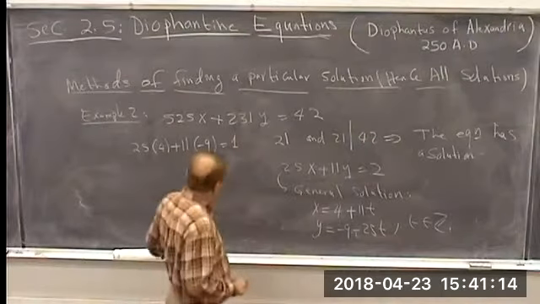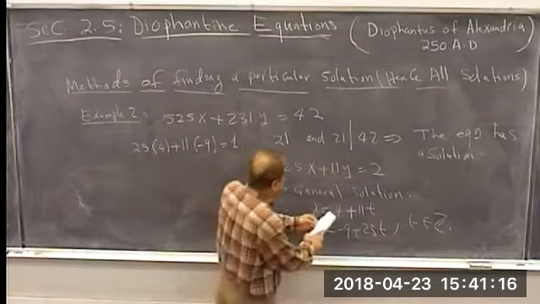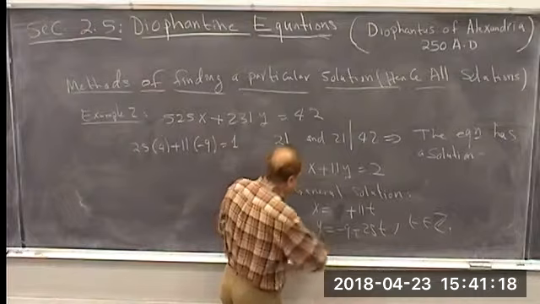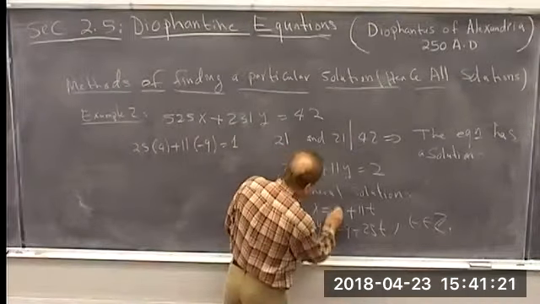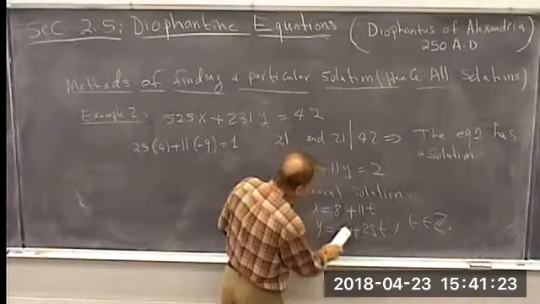No, sorry. This is 8 and 18, because we multiplied by 2. Okay? This is 8, and this is 18.